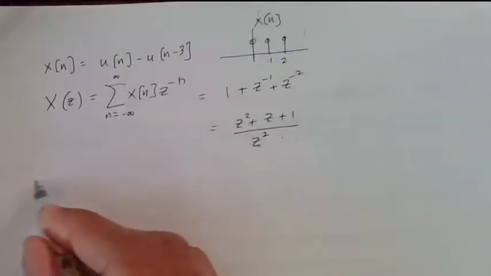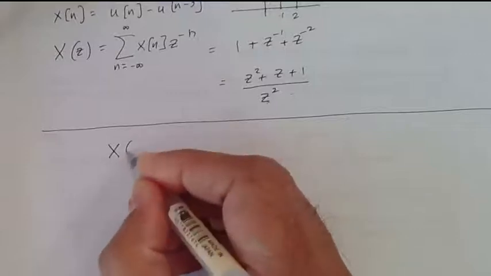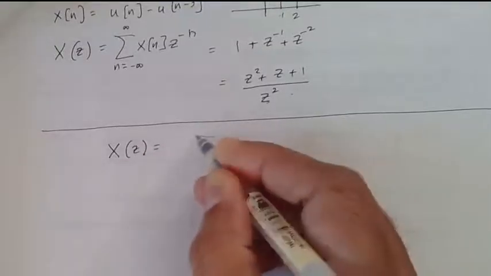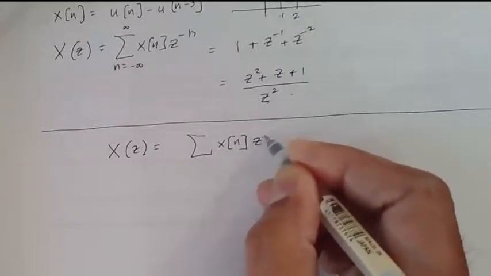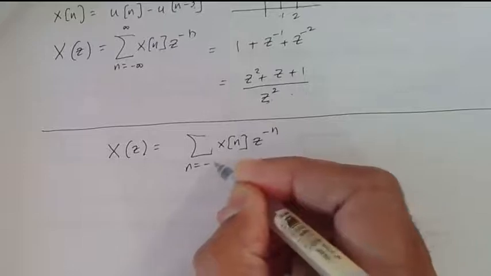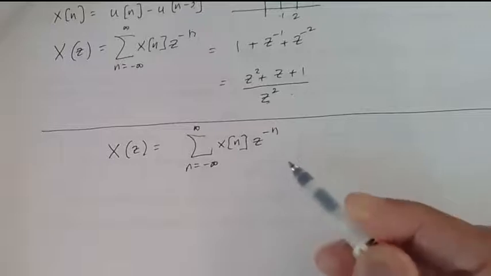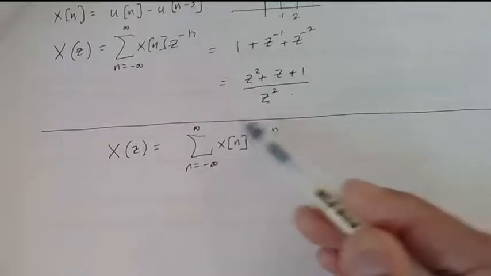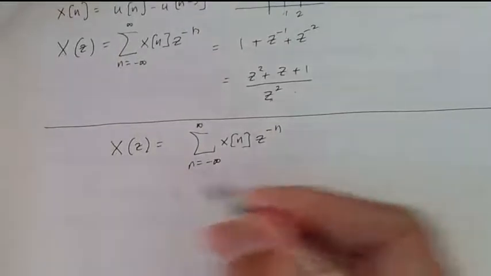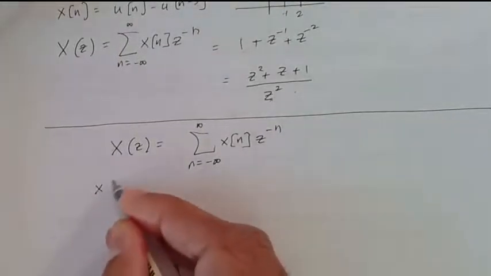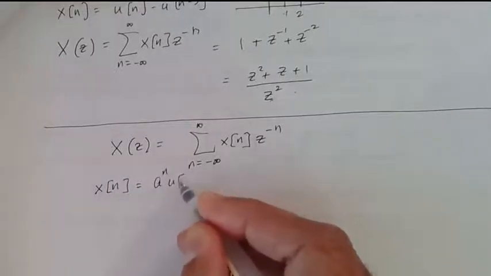Okay, so what have we done? We have defined the z transform to be equal to this, and the region of convergence are those values of z for which this summation converges. We've looked at our templates, which were a to the n u of n.